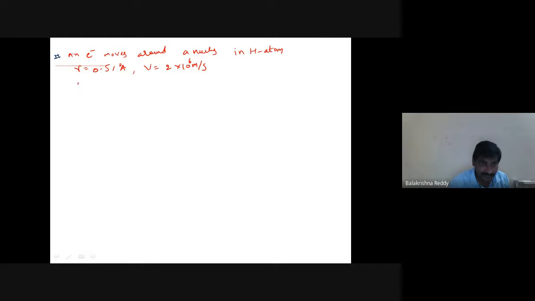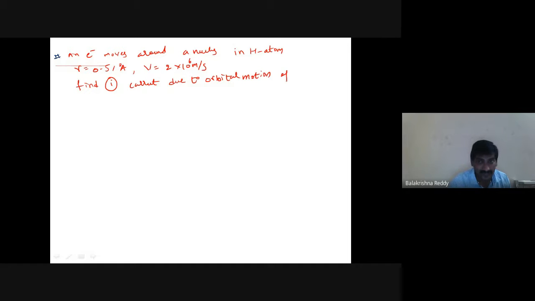Now, calculate or find, question 1: the equivalent current due to orbital motion of the electron, meaning the current produced by this rotating electron.